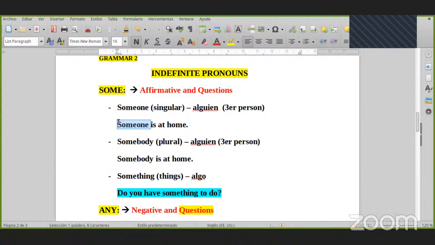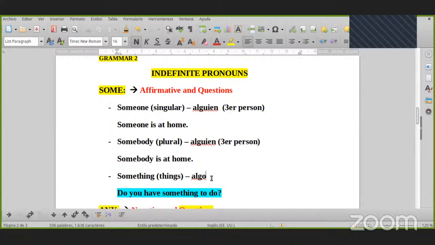Alguien está en casa, pero pienso que solo es una persona. Por eso utilizo someone. But if I use somebody is at home, no me estoy refiriendo a una sola, sino a varias, dos o más de dos. That is the difference, okay? So, that is the meaning.